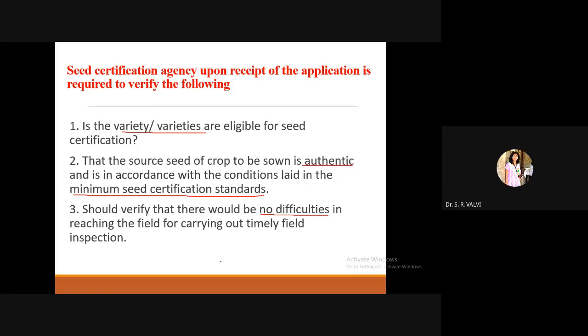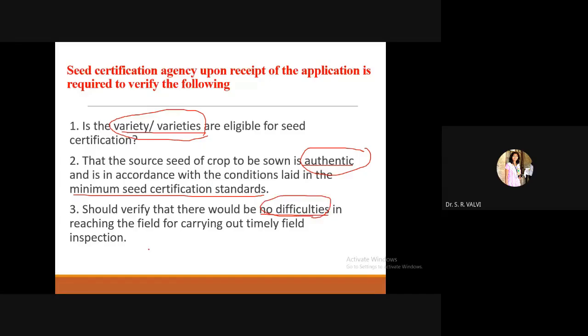So the seed certification agency should verify these conditions: it should be authentic, it should be eligible, and there should be no difficulties for the field inspector to reach and inspect that particular field. So you have to consider these three things.